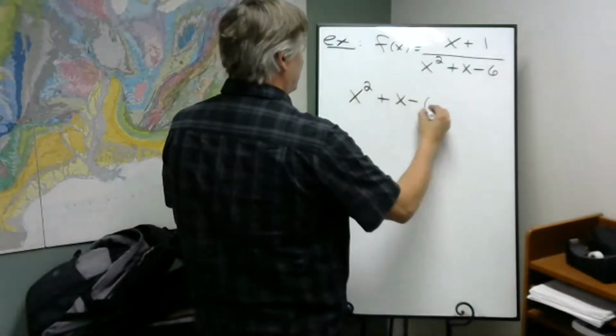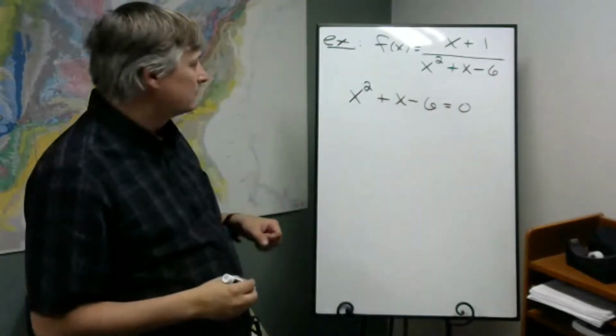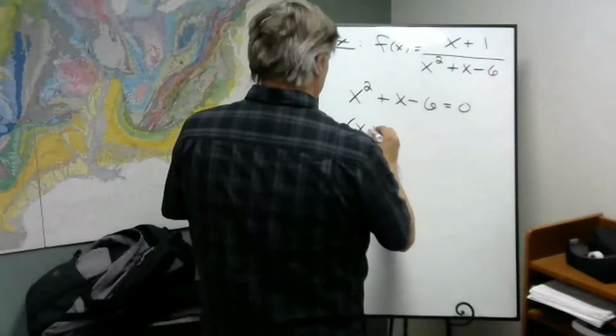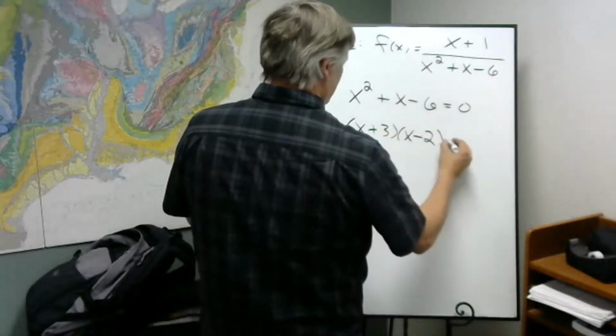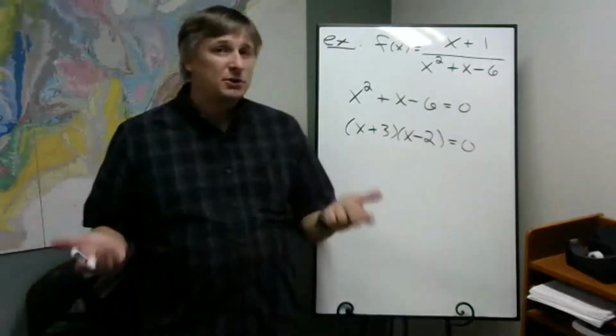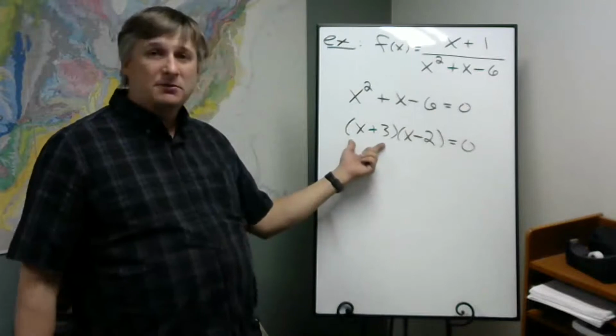So what we do is we set this equal to 0. Then we factor this. We're going to get this. Now, again, we're going to use the zero product principle. What value of x would make this 0?